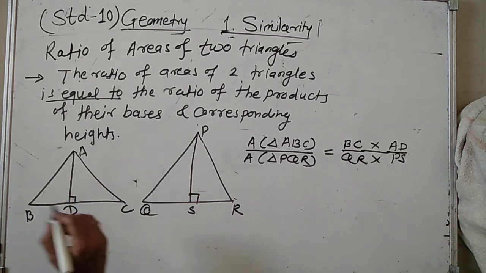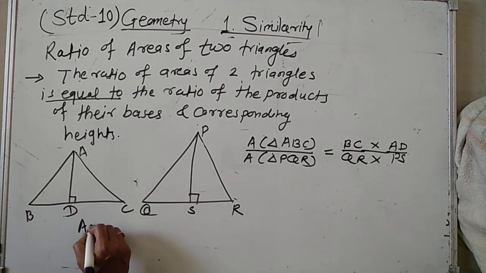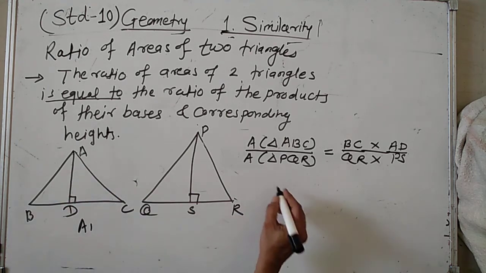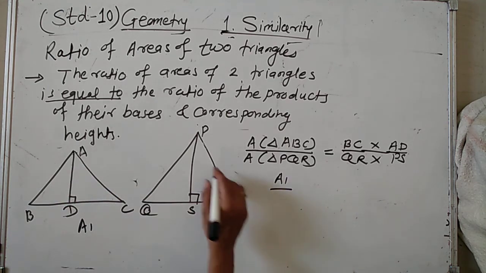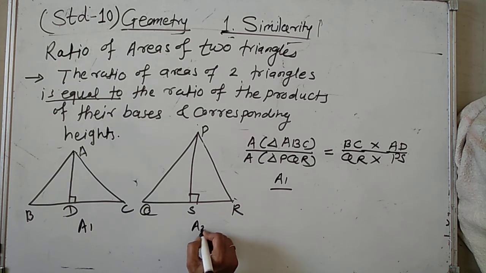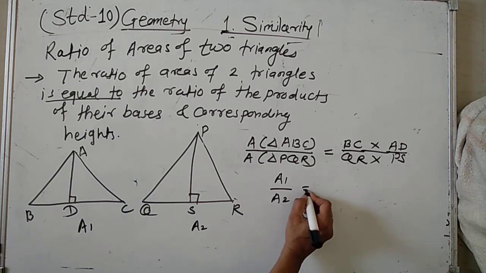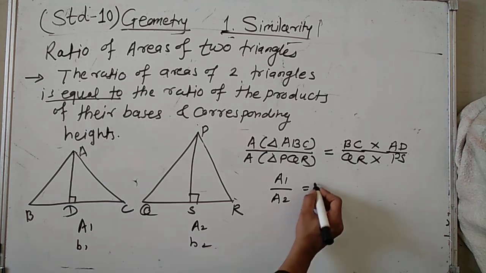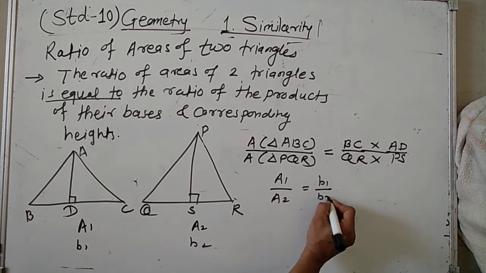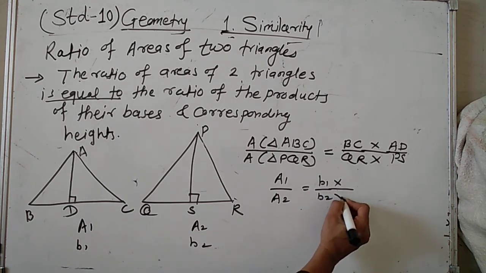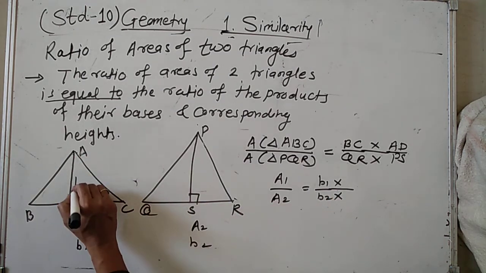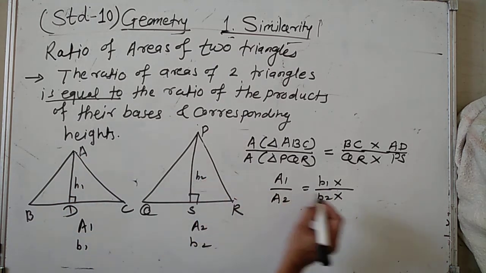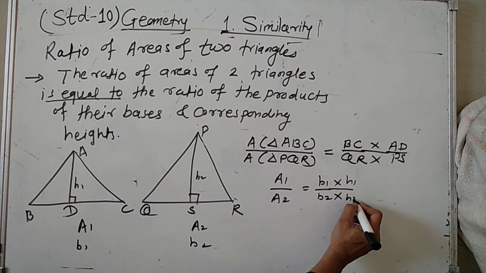In short, the area of the first triangle A1 upon the area of the second triangle A2 is equal to B1 upon B2 multiplied with H1 upon H2.